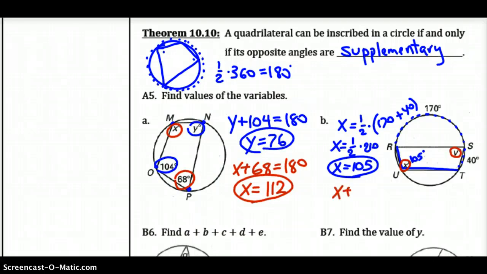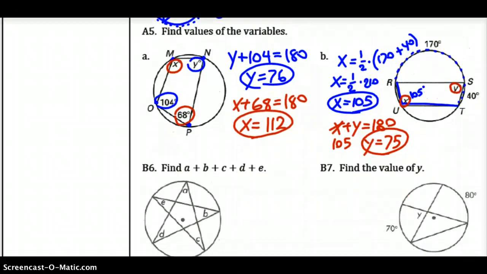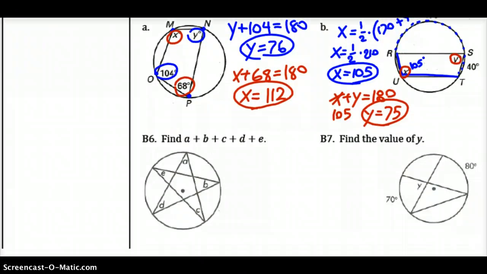X is 105. Subtract that over and we get 75. All right. Finally, the last couple problems are kind of like the A type of problems, so we are done with our lesson.